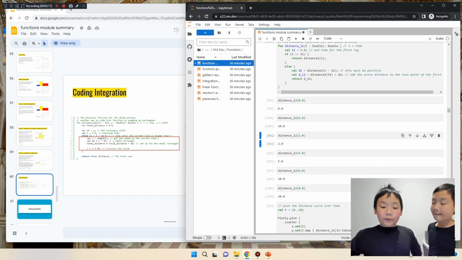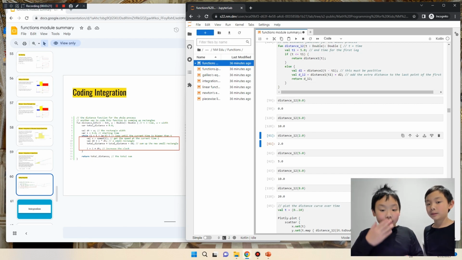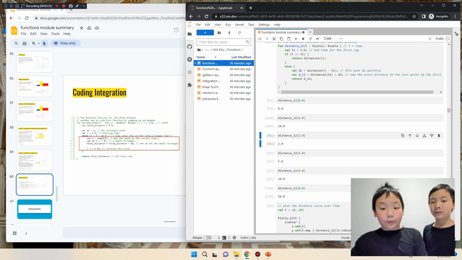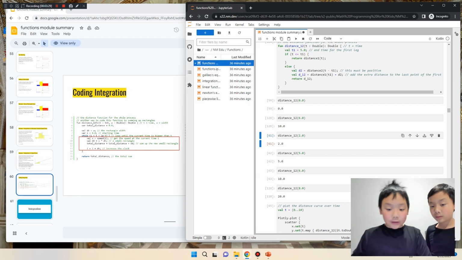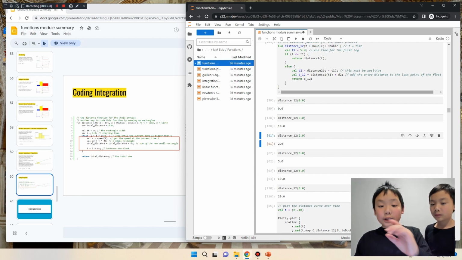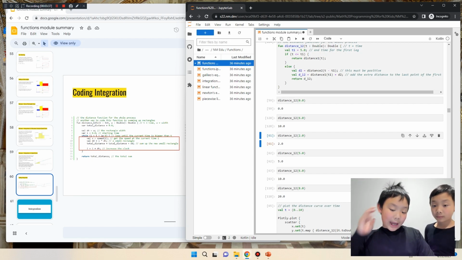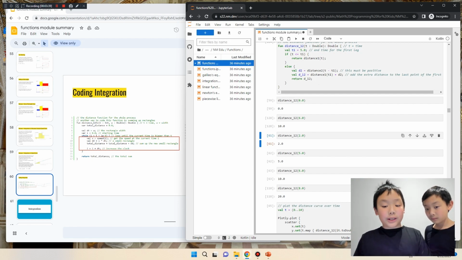This is because in the first 5 seconds it travels 5 meters. So 1 times 5 is 5, which is the distance for the first 5 seconds, or leg 1. But this is the first 6 seconds and not the first 5. So you need to use the distance2 function, which will add 5 for 1, because it travels 5 meters per second for 1 second. So it adds 5 to the distance, which will equal 10.